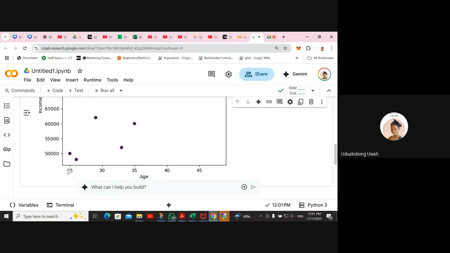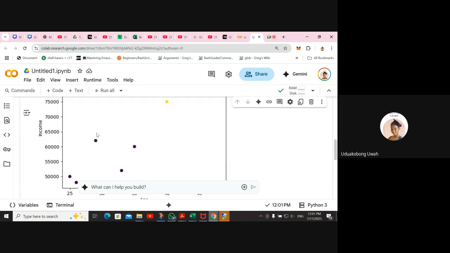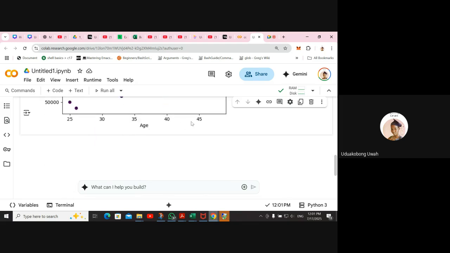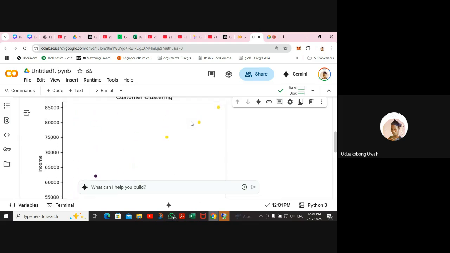It says that people within the age of 25 to 35, their incomes fall under this range. And people within the age of 40 to 45, their incomes fall under this range.